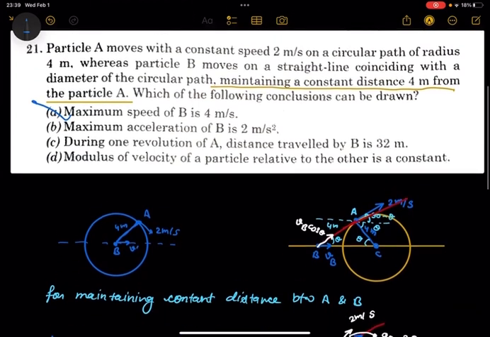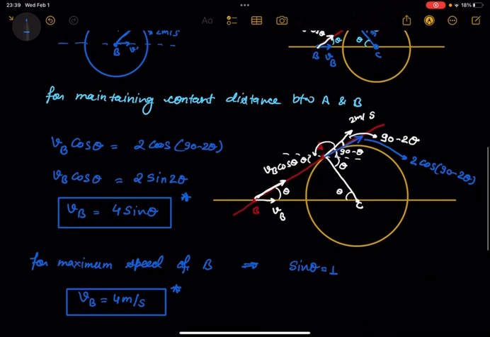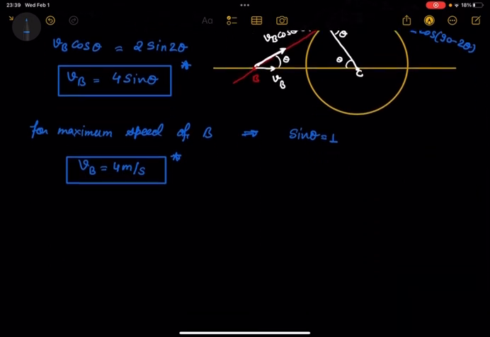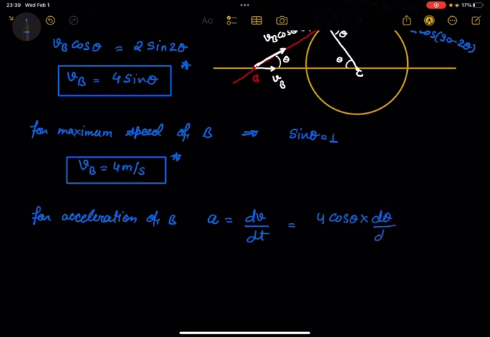Now our question is the maximum acceleration of B. So if you know the velocity, then for acceleration of B, a is equal to dV by dt. So we can write it is 4 sin θ differentiated, it is cos θ into dθ by dt.